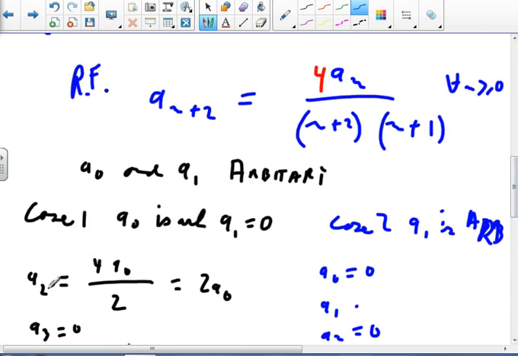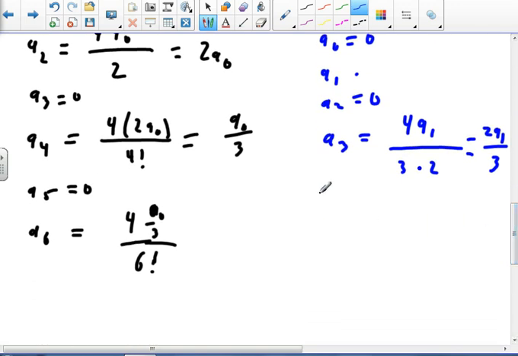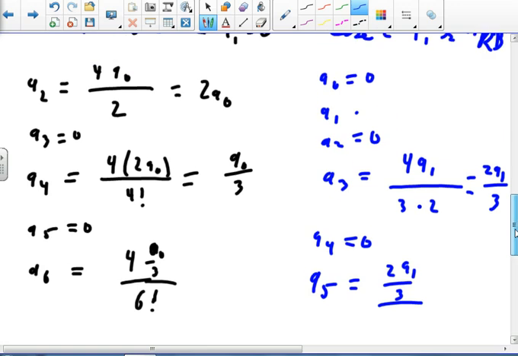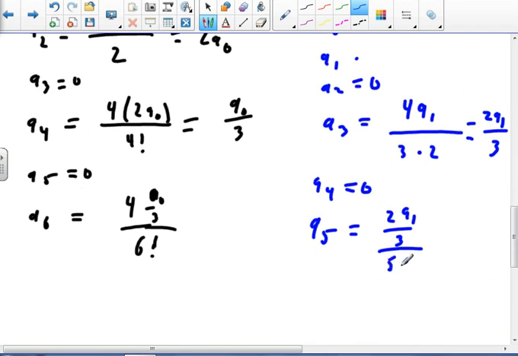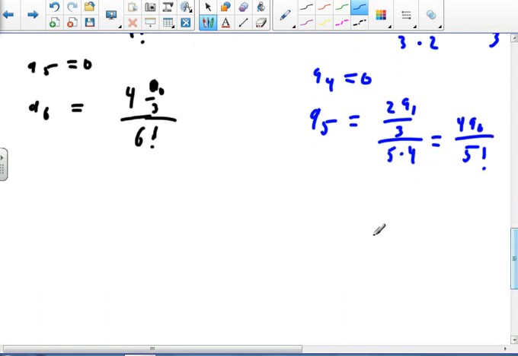Interesting. a4 is 0. a5 is 2a1 over 3 times 4 over 5 times 4, which is 4a1 over 5 factorial.